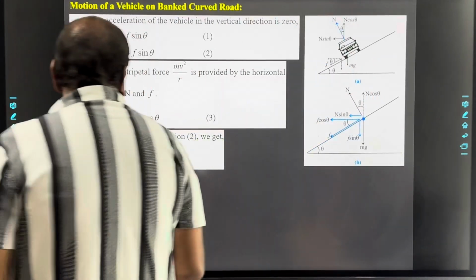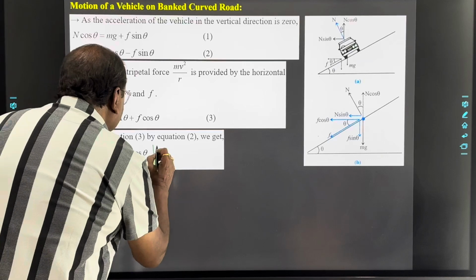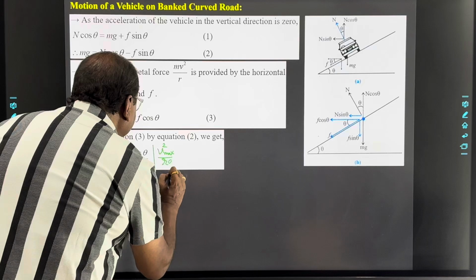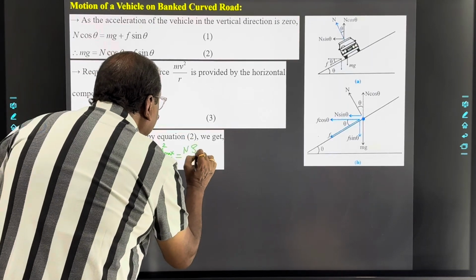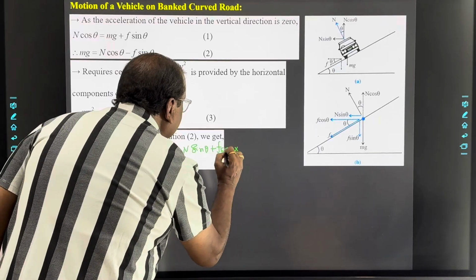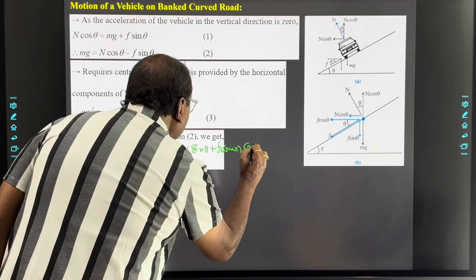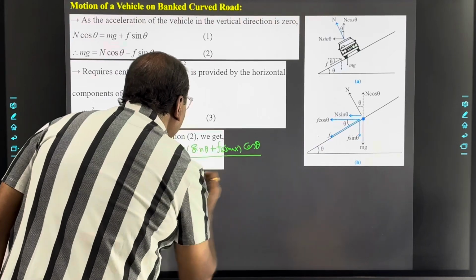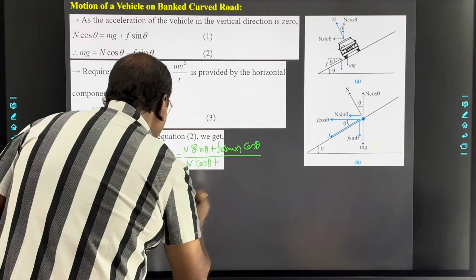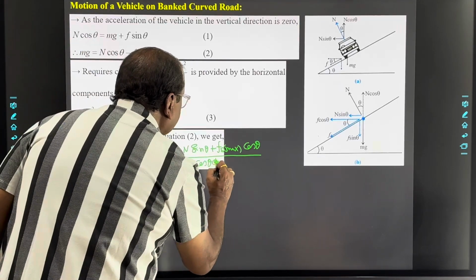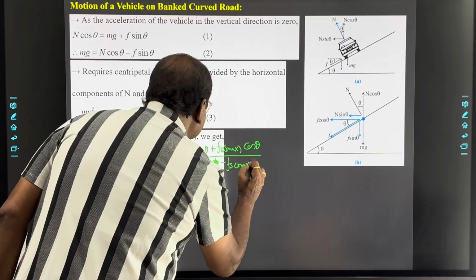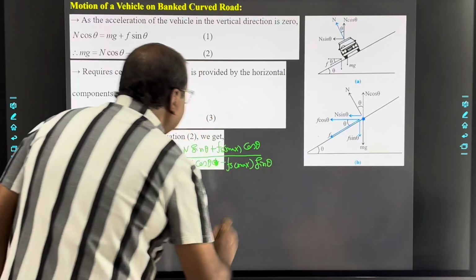So here we can write one more step: v square maximum upon Rg is equal to n sin theta plus Fs maximum cos theta upon n cos theta minus Fs maximum sin theta.